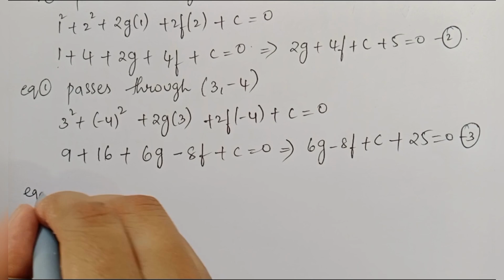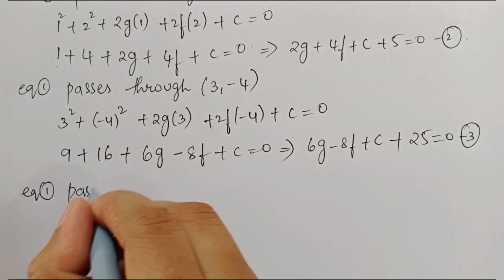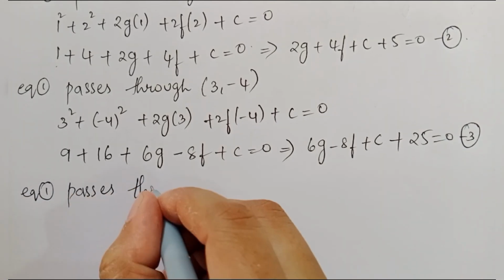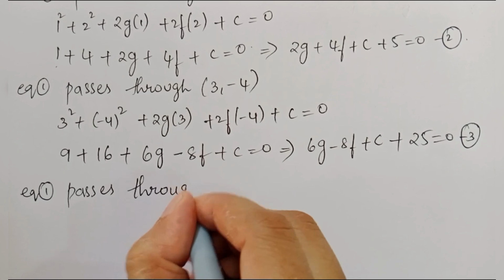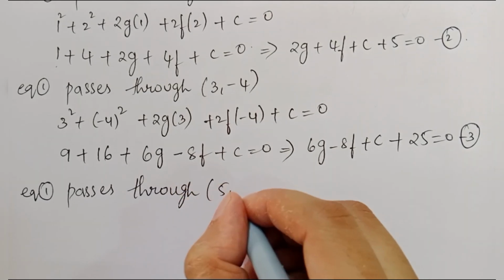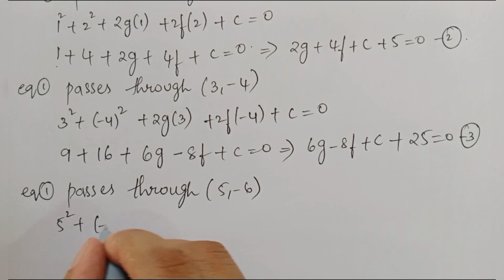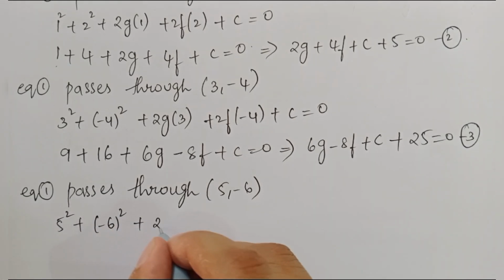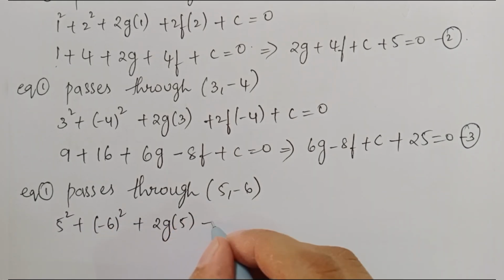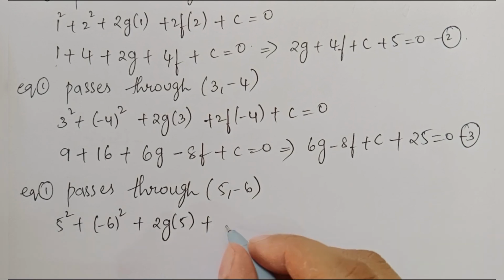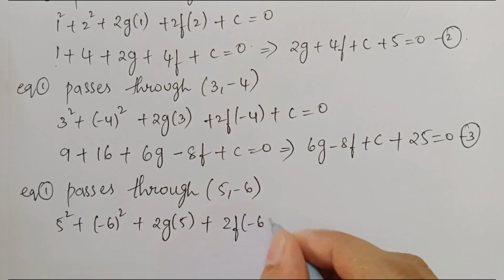Next, equation 1 passes through the third point, which is 5 comma minus 6. So it is 5 square plus minus 6 square plus 2g into 5 plus 2f into minus 6 plus c equals to 0.